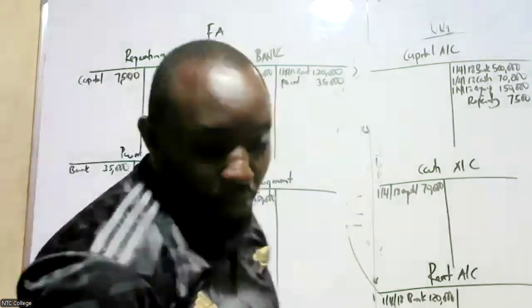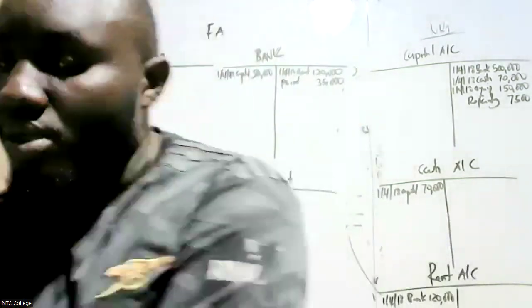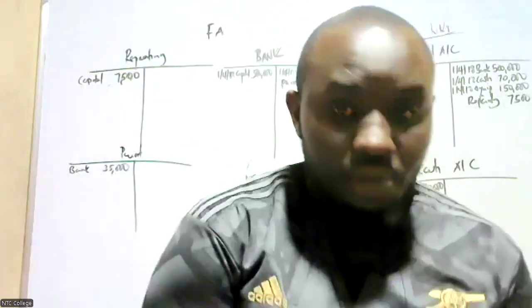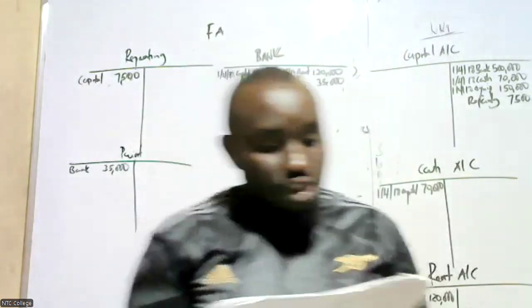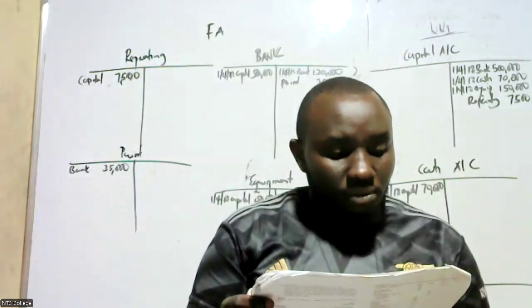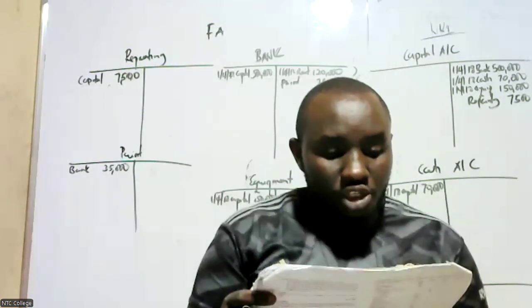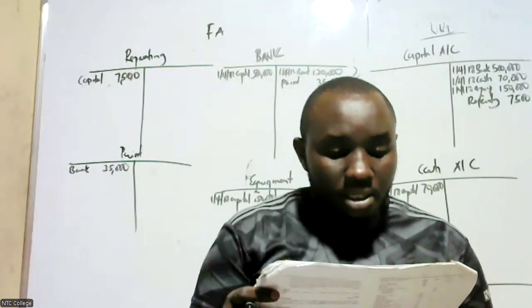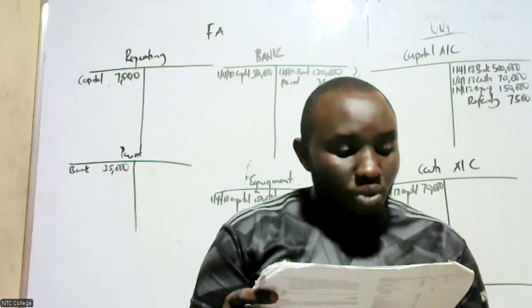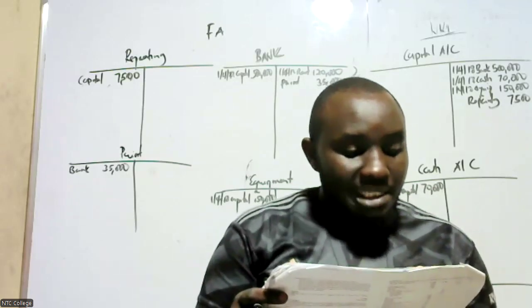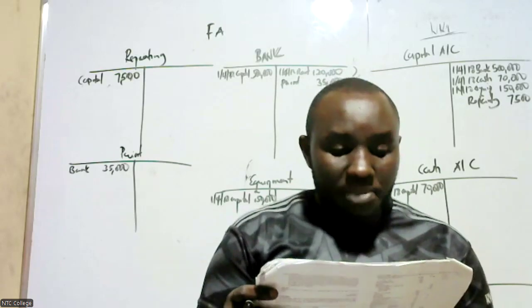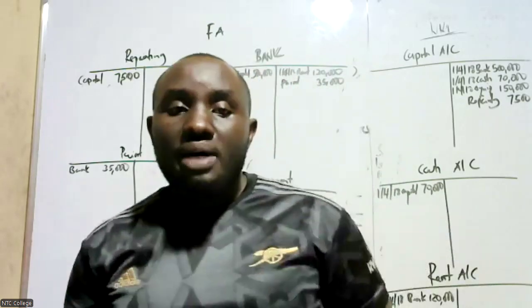The next we're being told, in addition, Ronald also bought furniture at a cost of 120, which was paid by check through the business bank account.